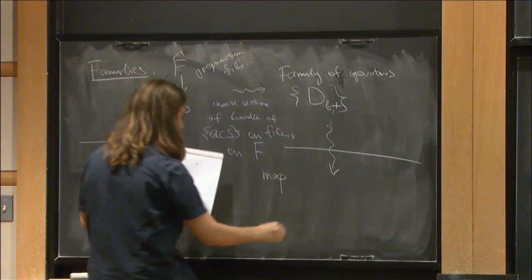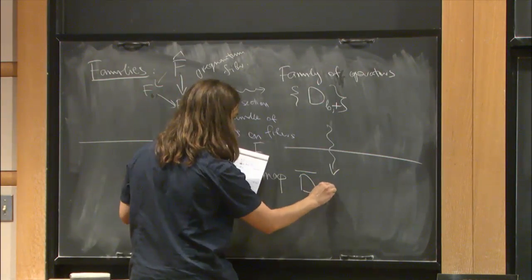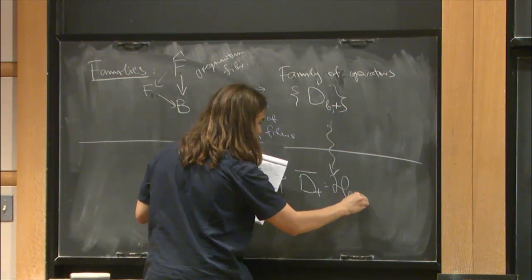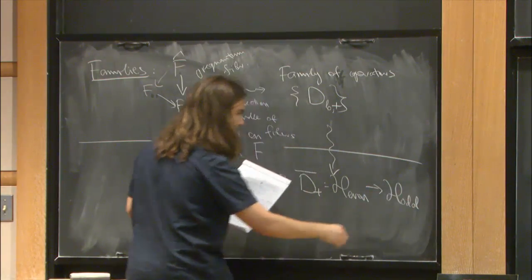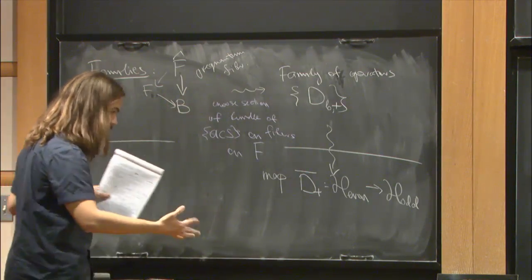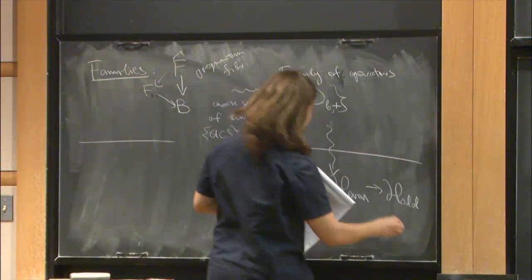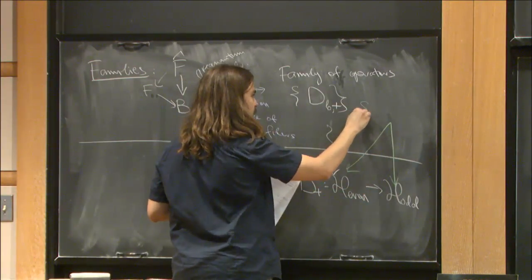We have a map D plus from two Hilbert bundles, H even to H odd. So these are Sobolev completions.